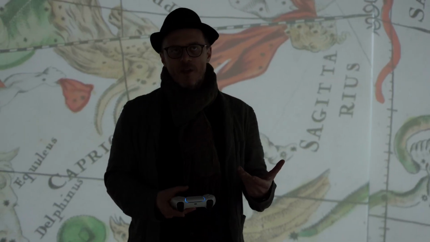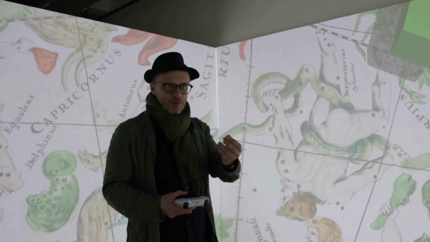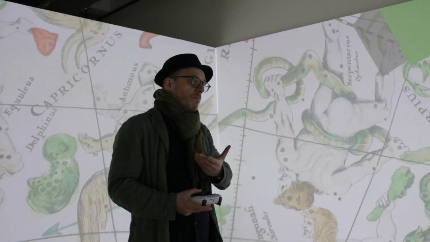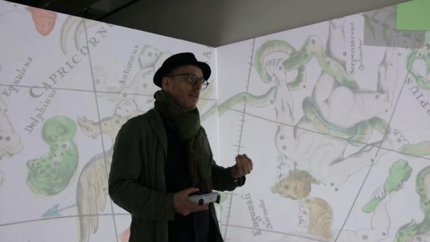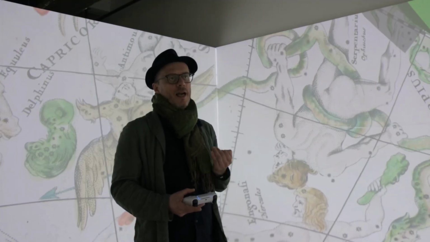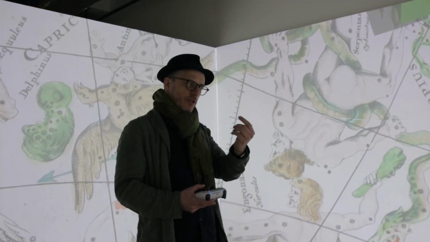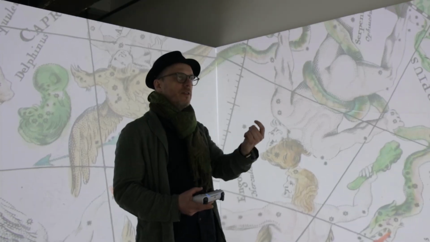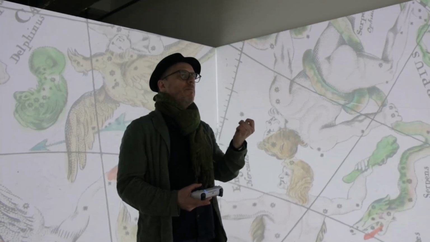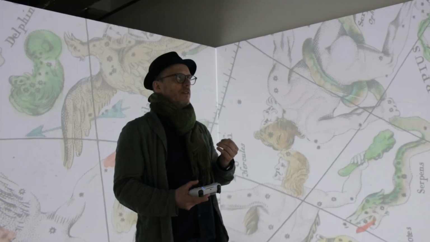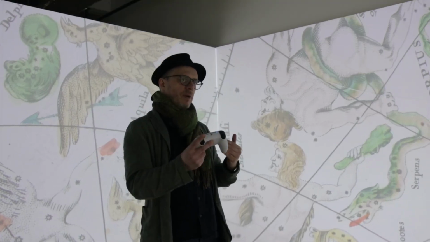One of the things was that Kepler was the first one who discovered or formalized the fact that planets move in an elliptical movement around the Sun, so not just circles but ellipses.